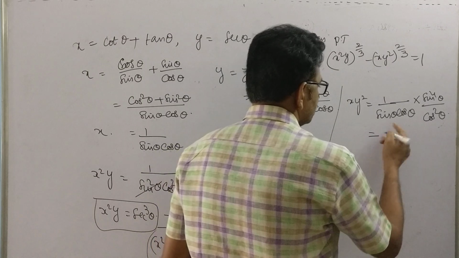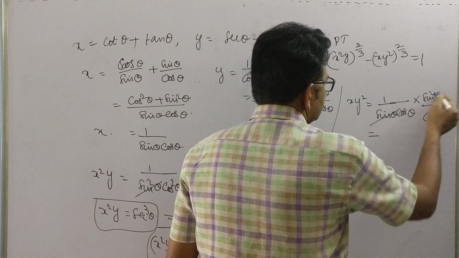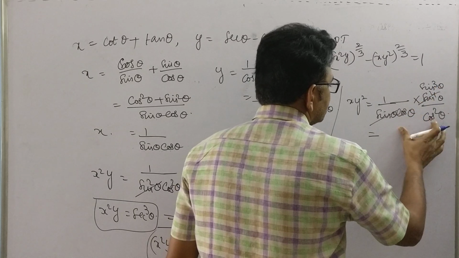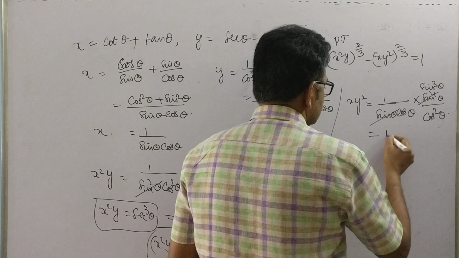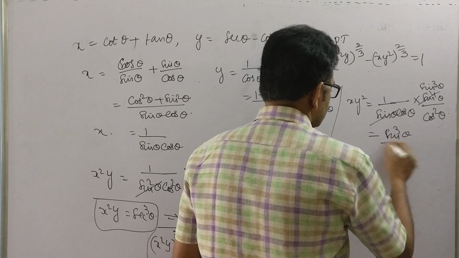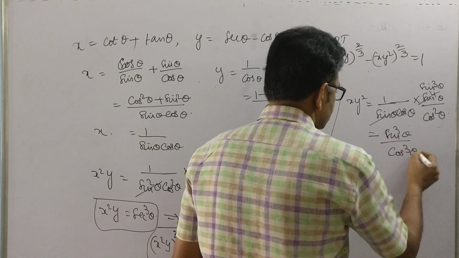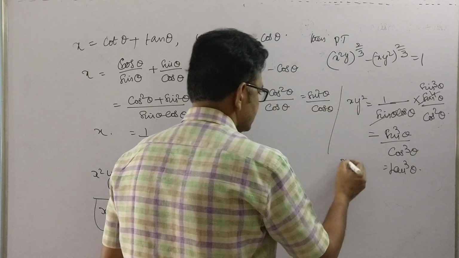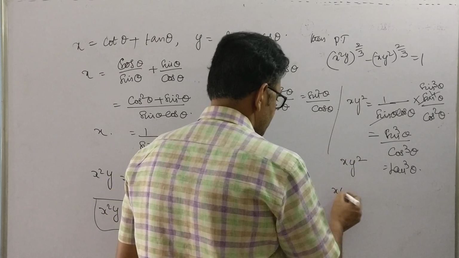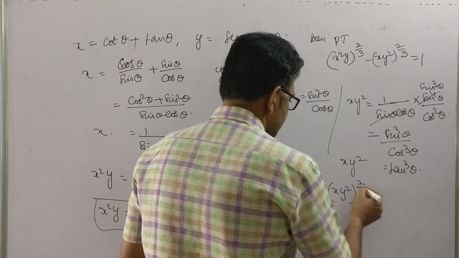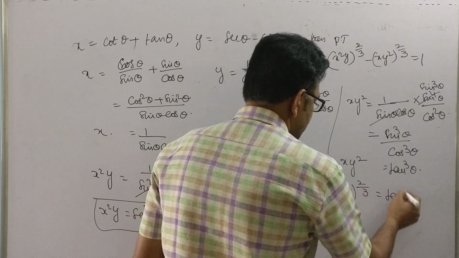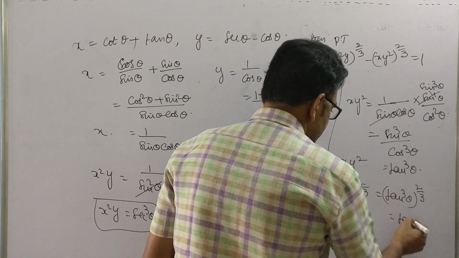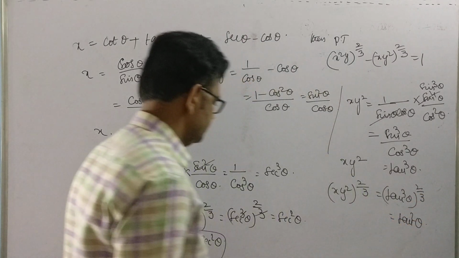So one sin gets cancelled, this is sin cube theta by cos cube theta, that is equal to tan cube theta. So xy square whole power 2 by 3 is equal to tan cube theta whole power 2 by 3, that is equal to tan square theta.